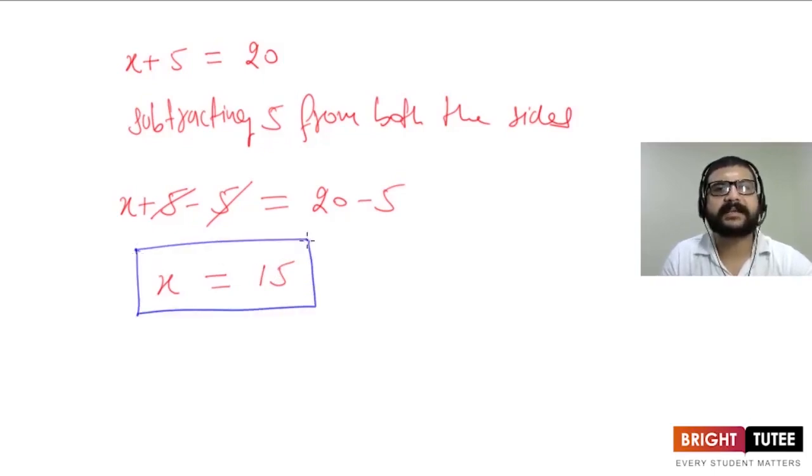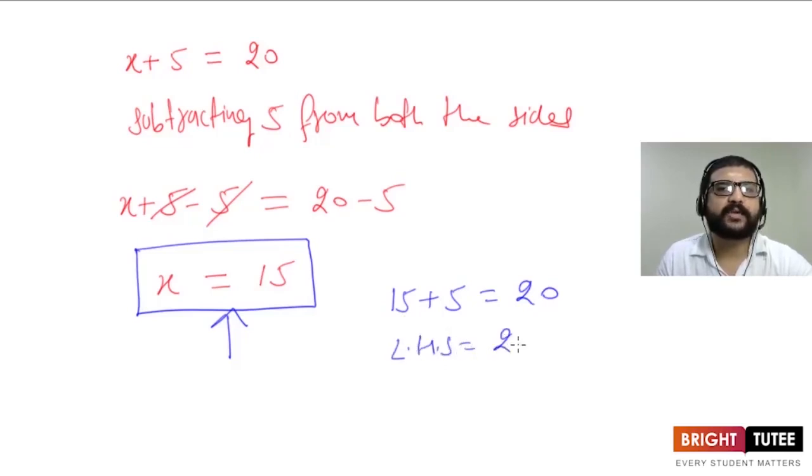Now is this value a solution of the equation? How can we check that? Let's substitute x equal to 15 in the given equation and check what we get. So we get 15 plus 5 is equal to 20. Now what is 15 plus 5? This is 20 only. So LHS we get as 20, which is equal to RHS.